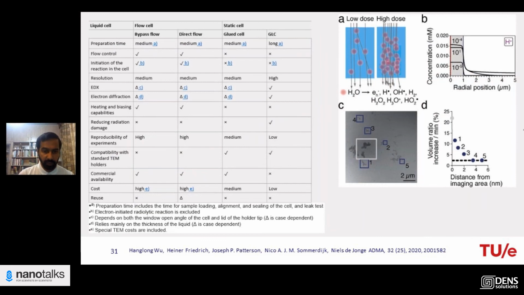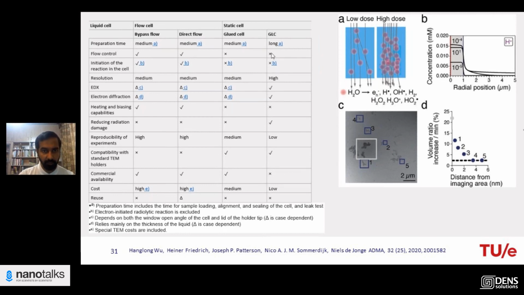To conclude my talk, I want to show you briefly this recent review of Hanglong Wu, where they compared the different flow cells and static cells with their benefits and shortcomings, where you can compare the benefits of graphene liquid cells.